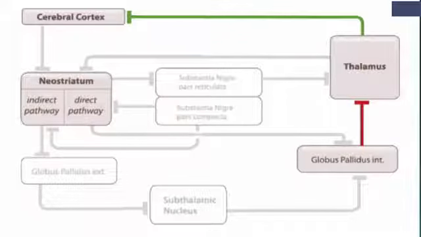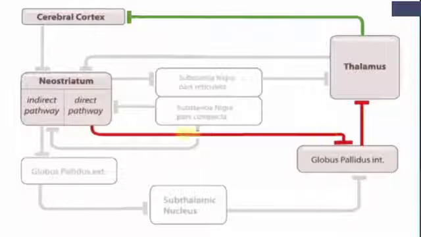There's the direct pathway, in which neurons from the striatum directly synapse on the internal globus pallidus. This is the direct pathway. The direct pathway inhibits the internal globus pallidus, so there's less inhibition of the thalamus. The direct pathway is inhibiting an inhibitor, so the output from the thalamus is stronger, and you get facilitation of movement. So the direct pathway facilitates movement.